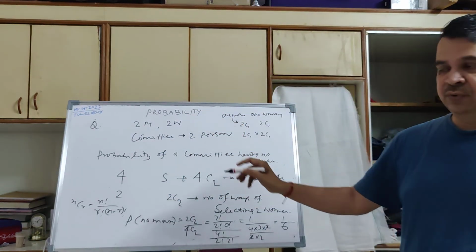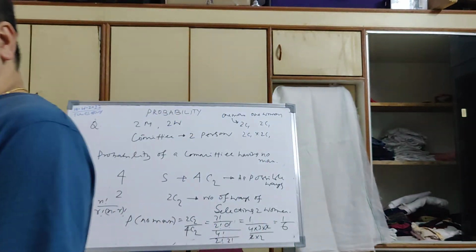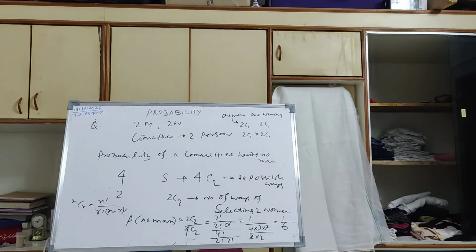Here comes the multiplication, because I am branching out, and branching out is nothing but multiplication. So 2C1 you are multiplying.